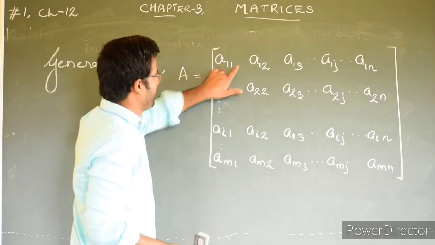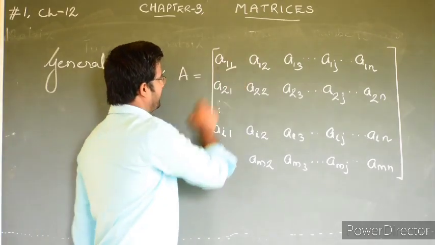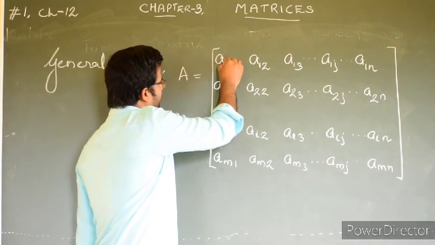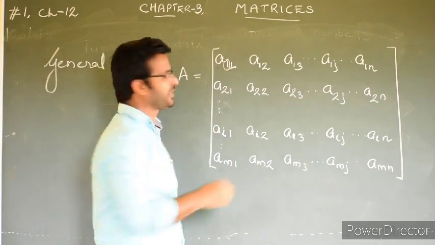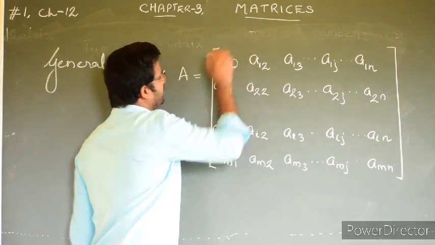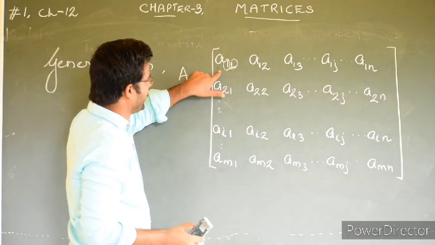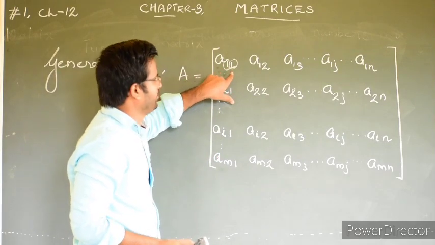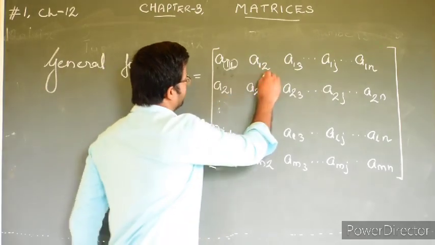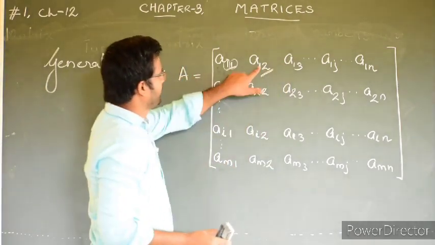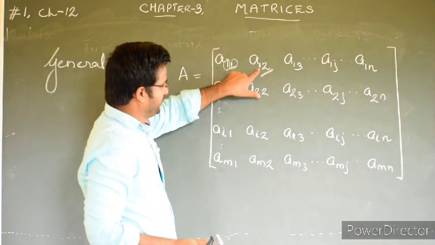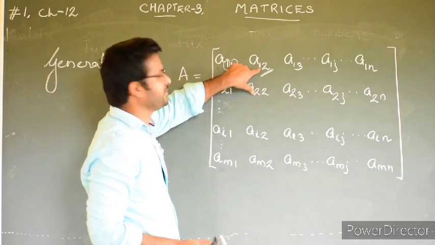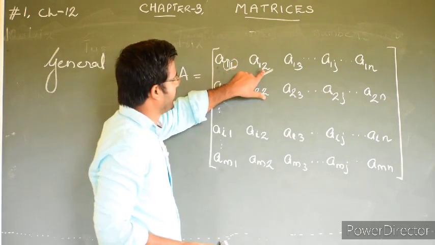Then A11. What is 1, 1? Here, the first one represents the first row, the second one represents the first column. This element means first row and first column. Here also we can see this element, the position of this element: first row, that is 1, and second column.